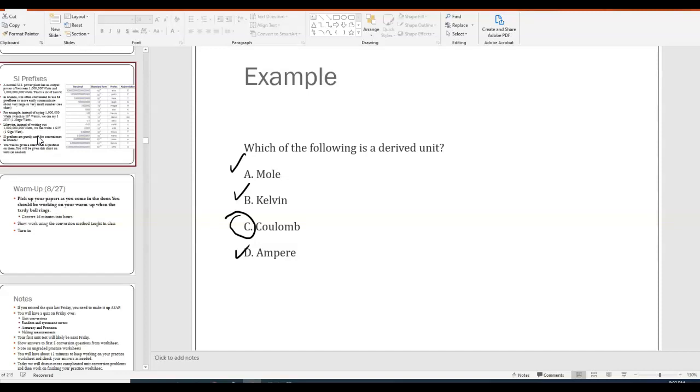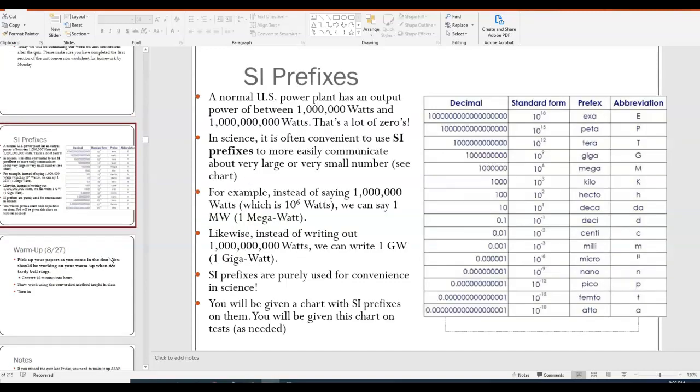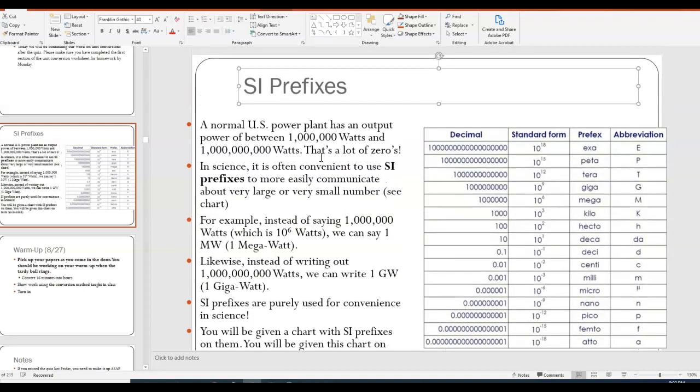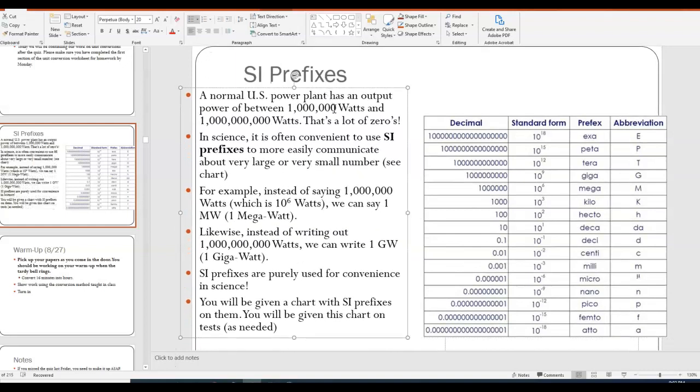Okay, so the last thing we're going to talk about is this chart right here. Okay, SI prefixes. And you might have seen this in your past science classes. SI prefixes are basically used to take really big numbers and to write them in a more simplified way. Here's what I mean.